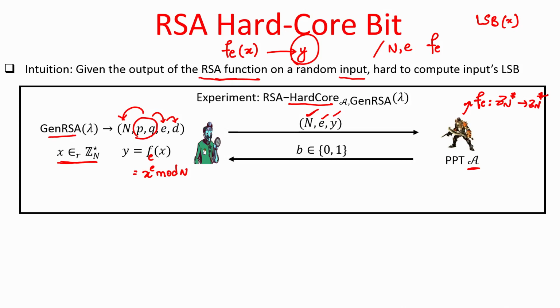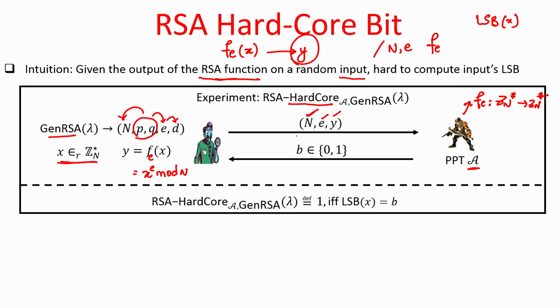We do not know what strategy he is going to use. So, he submits a response, which is going to be a bit b, and we will say that he has won the experiment, or equivalently the output of the experiment is 1, which also means that he is able to compute the RSA hardcore bit, if indeed the LSB of this random x, which is not known to the adversary, turns out to be b.